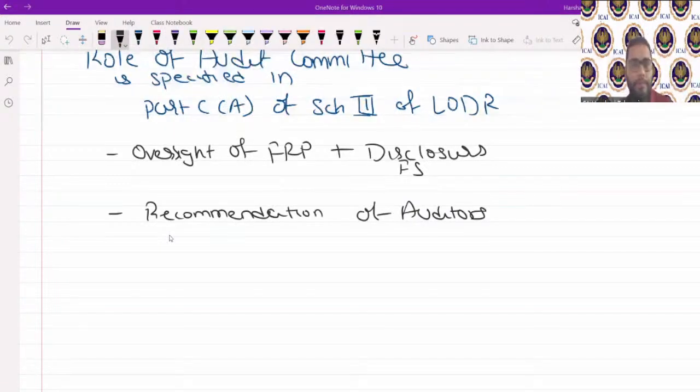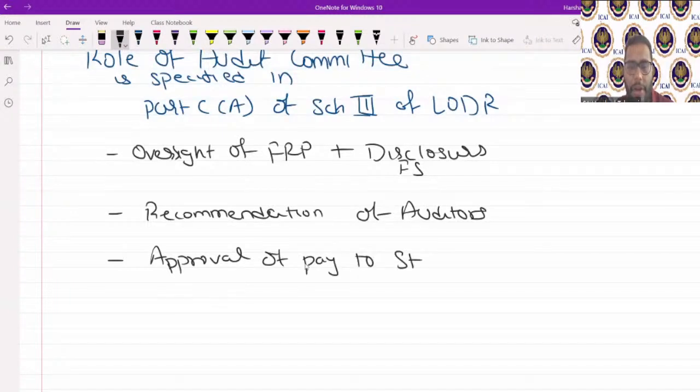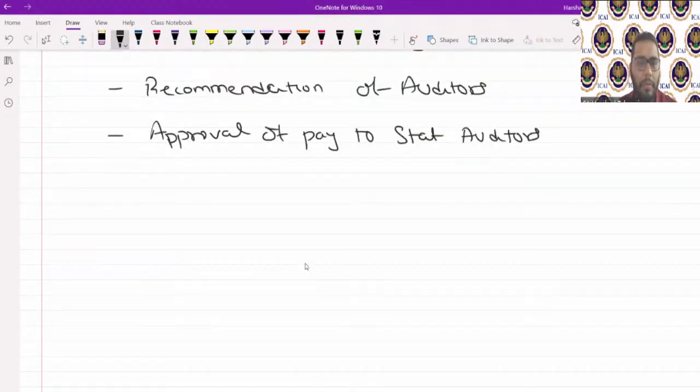Then, approval of payment to statutory auditors. So once the audit committee approves the payment to the statutory auditors, then only it can be paid to auditors.